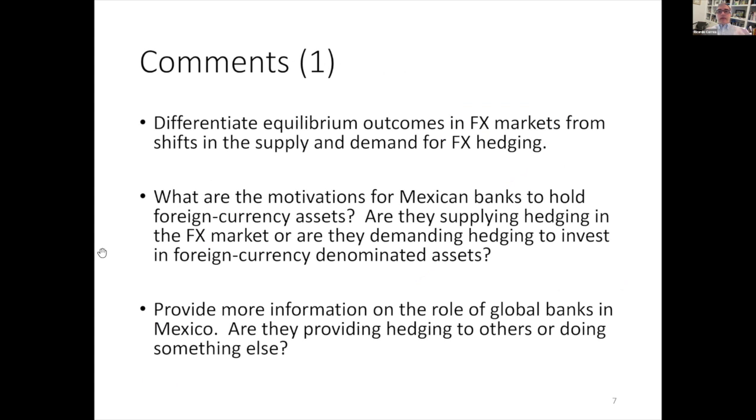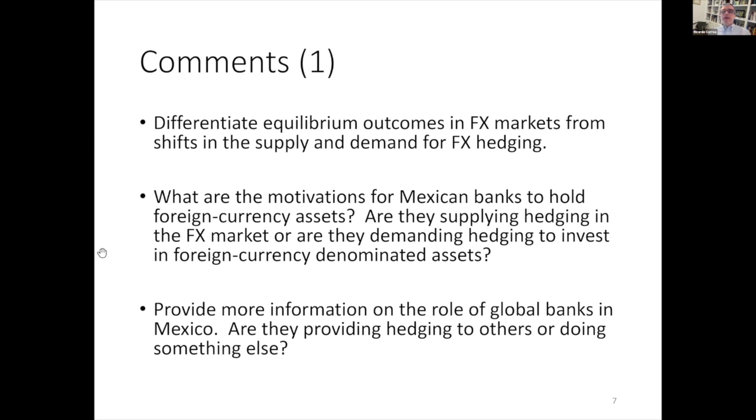So here in Georgia's paper, I think the part that's complicated is that there's very little differentiation between the equilibrium outcome and the shape of the supply and demand curves, and what are the shifters that are driving the supply and demand curves. So to understand that a little bit, I would like to know what are the motivations for Mexican banks to hold foreign currency assets?